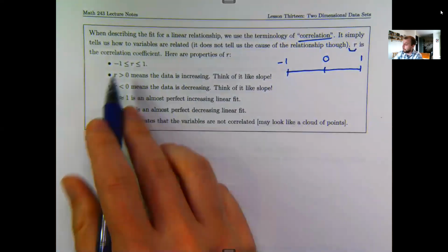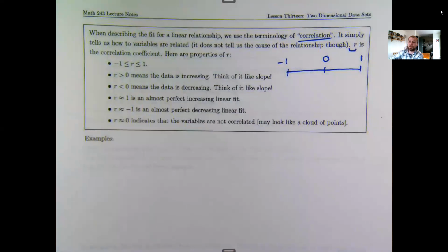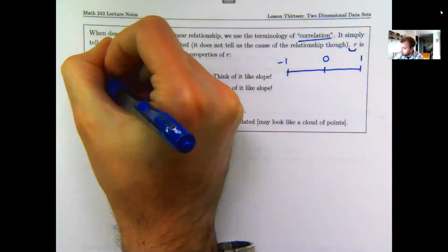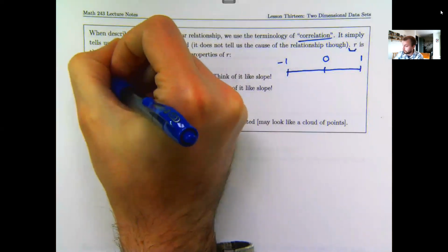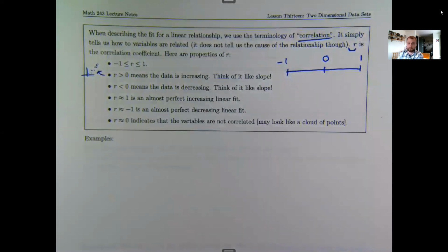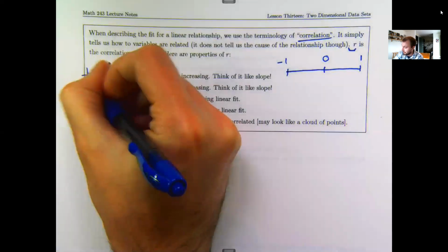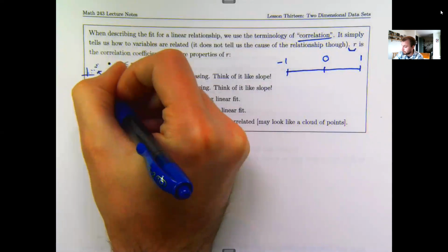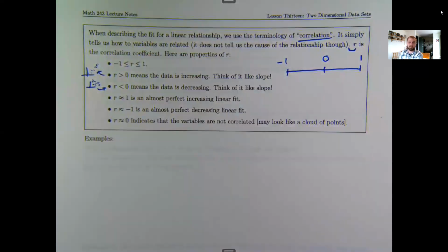If your R is bigger than 0, think about having sort of a positive slope. This would tell you that your line is increasing. If your R is less than 0, this tells you that your plot is decreasing.